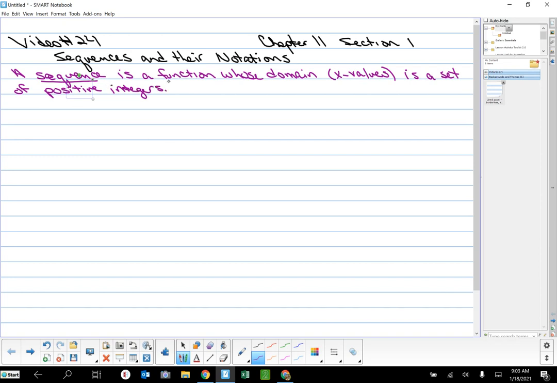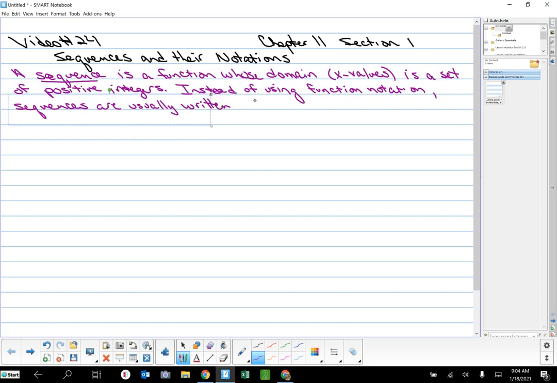All right, instead of using function notation, sequences are usually written using subscript notation.